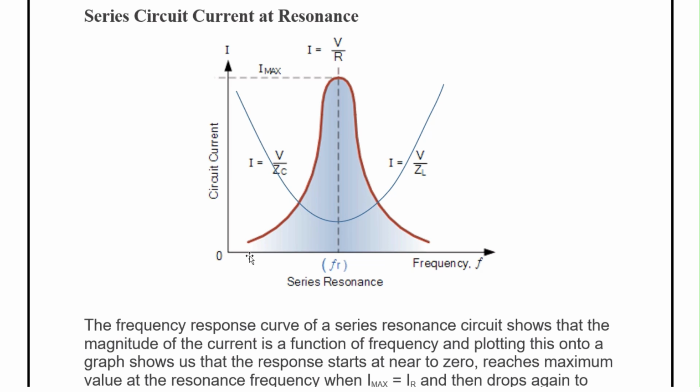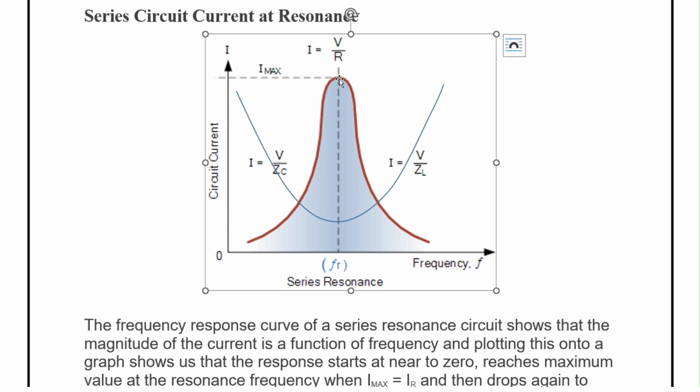And here is the plot of the resonant frequency. At resonance, the circuit current is at the peak, and for the lower frequency range it is lower, but it keeps on gaining. This current starts increasing very fast, but after a certain value, the resonant frequency, it starts diminishing as well.